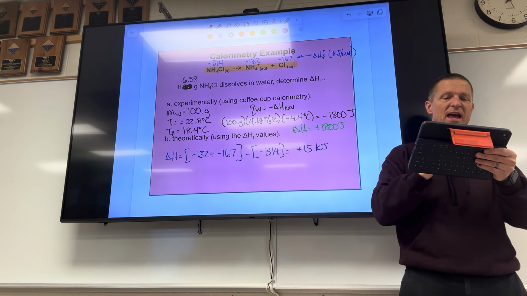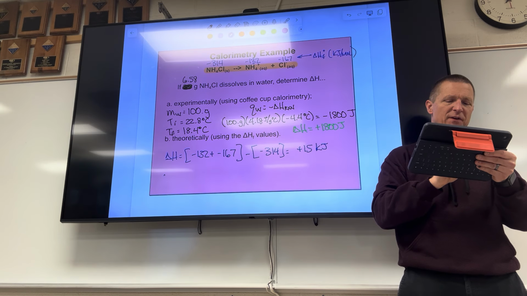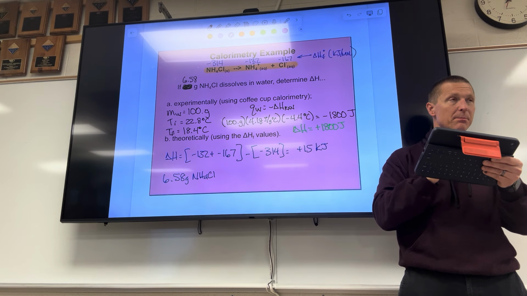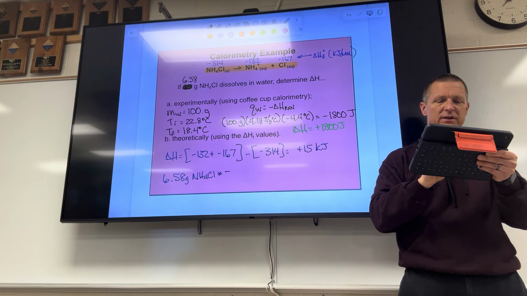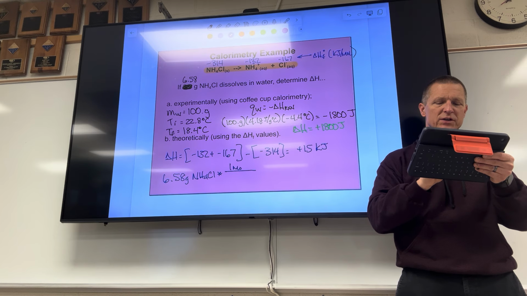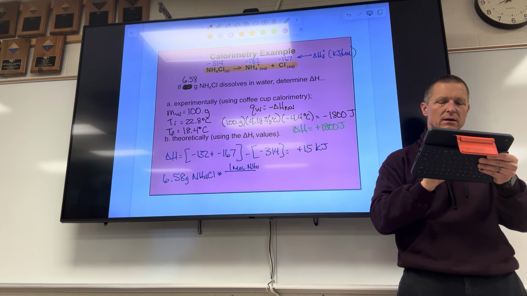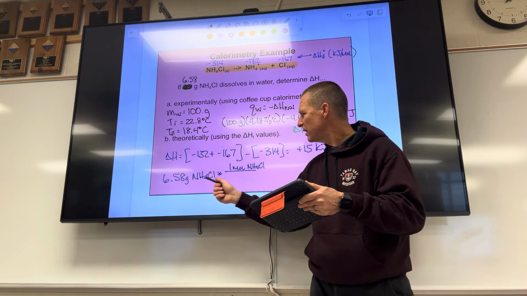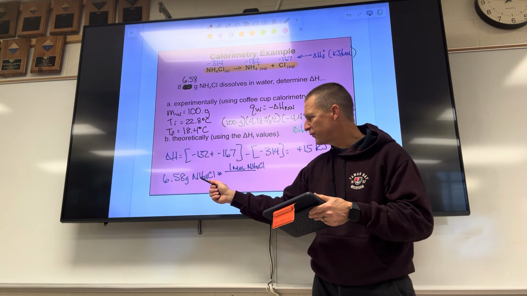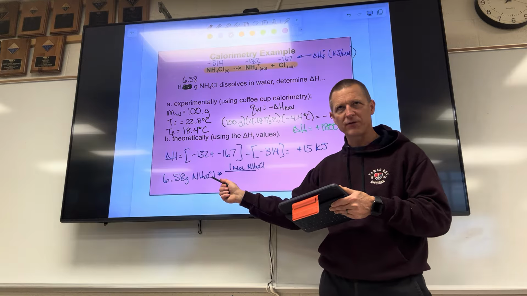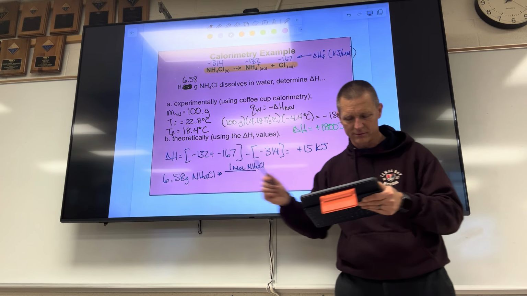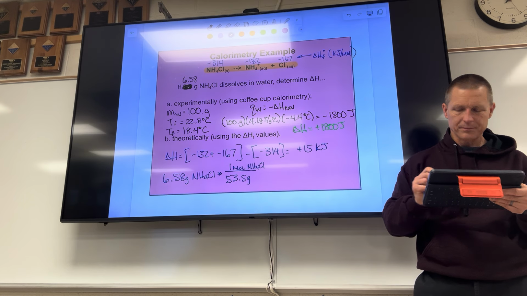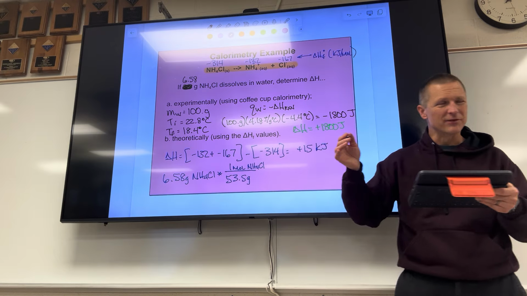We're going to take that value, 6.58 grams of NH4Cl, and we need to change it into moles, which means we're going to convert, there's 1 mole of NH4Cl for every molar mass of NH4Cl. 14 plus 4 is 18, plus 35.5, 53.5. That's actually about 1/10 of a mole or so.